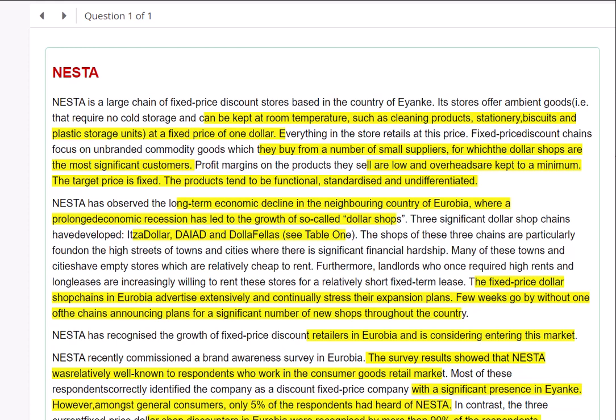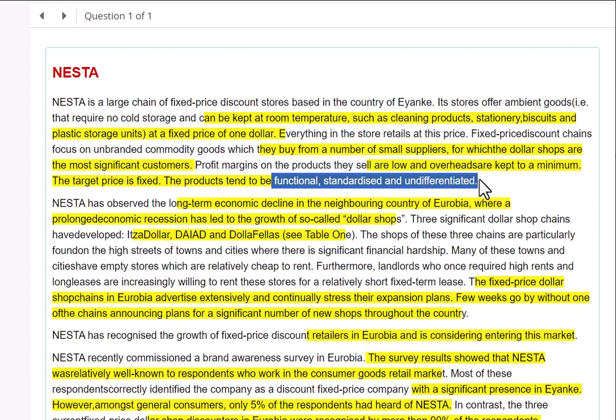So first is about the bargaining power of supplier. Basically, the bargaining power of Nesta in relation to supplier, according to me, is strong because there are various factors in the given scenario. The switching cost is low, because we have a lot of suppliers available, so we can easily find another alternative supplier. Another factor is that they have specially mentioned that the products are functional, standardized, and undifferentiated.